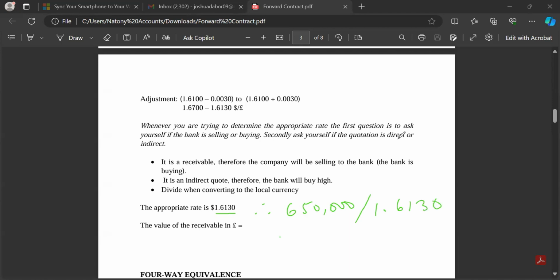That will give a figure of 402,976 in the local currency. That would be the value of the receivable in the local currency.